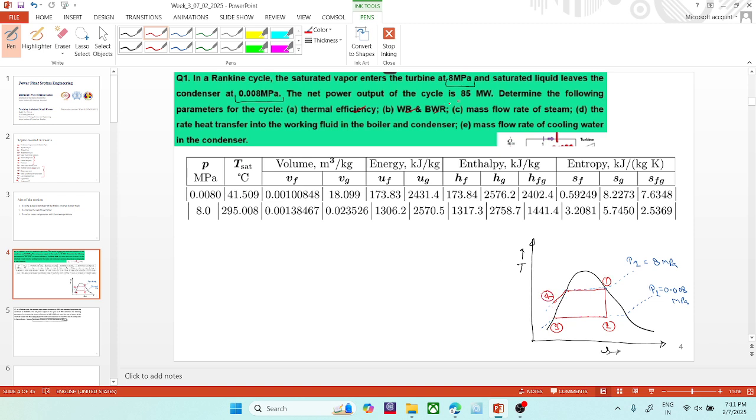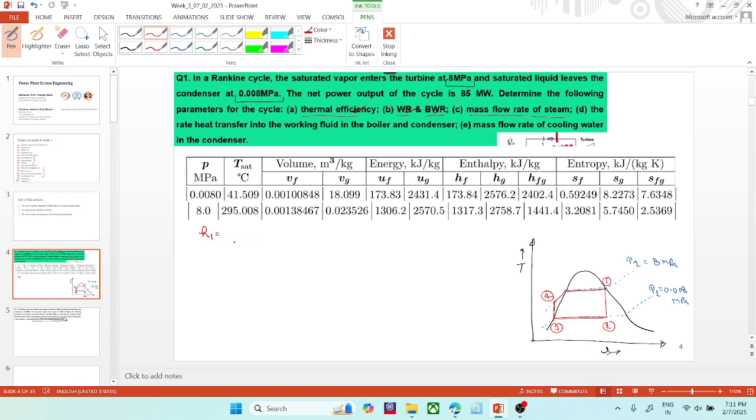All the things they have asked, the thermal efficiency, work ratio and back work ratio, then mass flow rate of steam, we will be able to calculate once we have the enthalpy at all these 4 points. So in the last class, I showed you how to read the values from the steam table and how to calculate the enthalpy at point 2 by using the quality of the steam x2. Okay, so I am writing the things here.